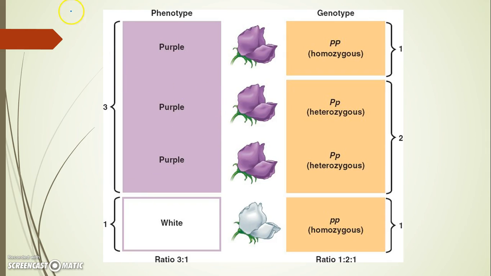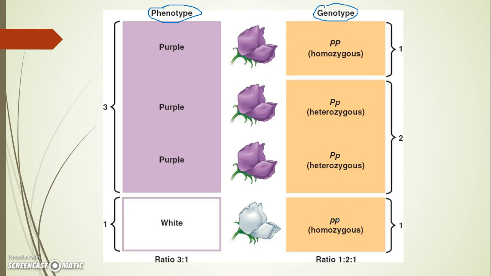So here, this column has the phenotype. We can clearly see for these flowers, purple, purple, purple, and white. On the other column here, we have the genotype. We have two capital P's, a capital P and a lowercase p, a capital P and a lowercase p, and two lowercase p's.